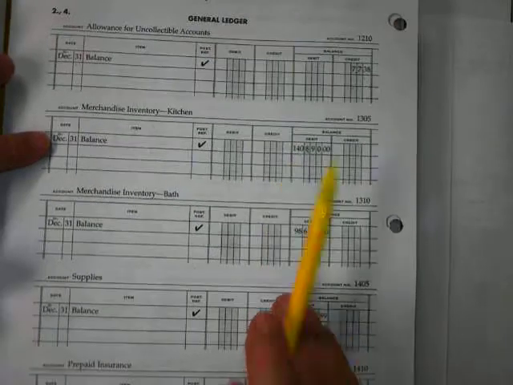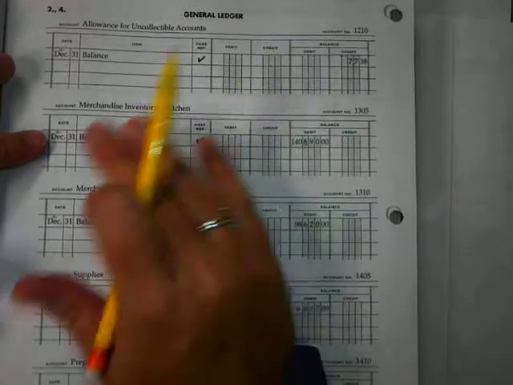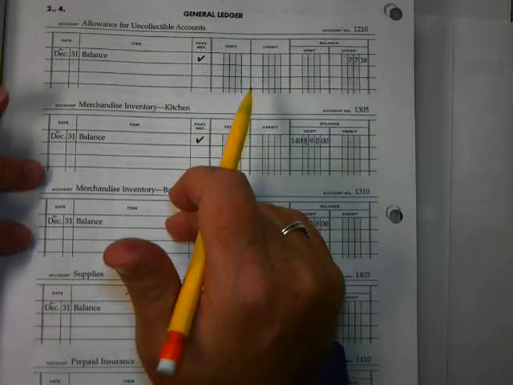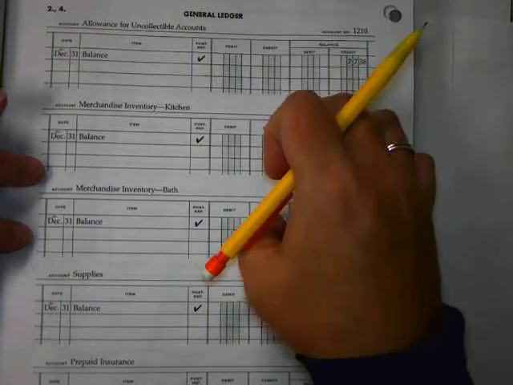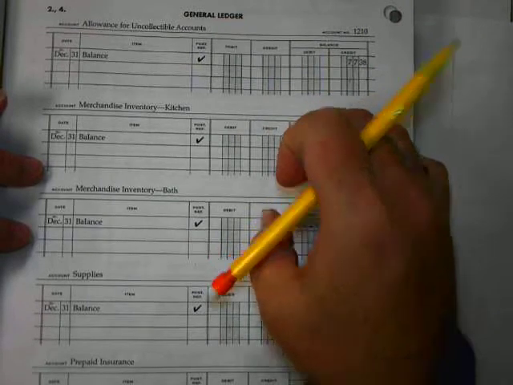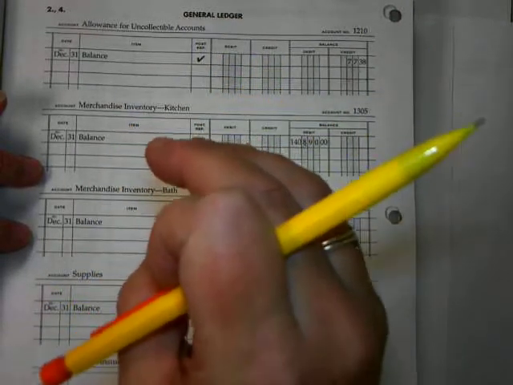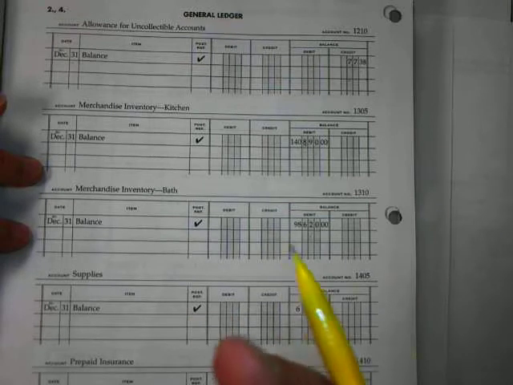in the ledger. Okay, merchandise inventory doesn't get touched. We don't add, we don't journalize, we don't post into it throughout the year. Okay, we only update this with adjustments, because this is the physical count. This is the periodic count. When we actually purchase our merchandise, that goes into purchases, and that's where we keep track of it as we purchase it.